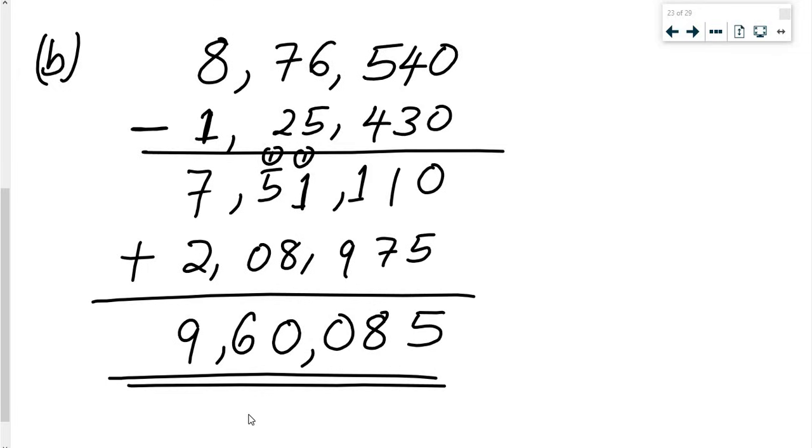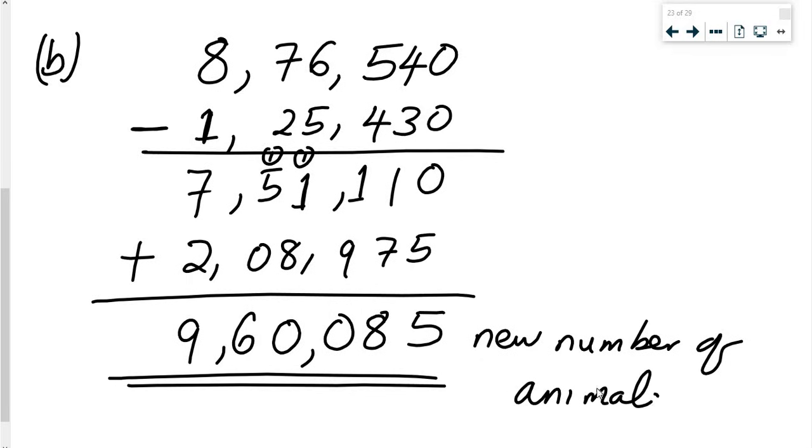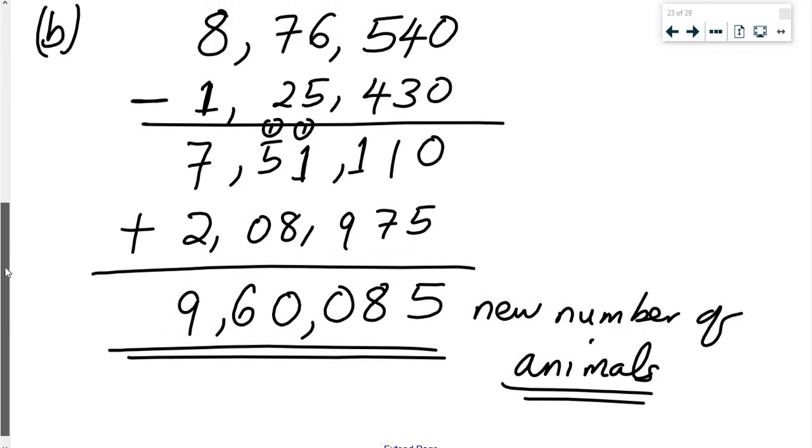This is your final answer, 960,085. This is the new number of animals after the process of moving away and moving in.